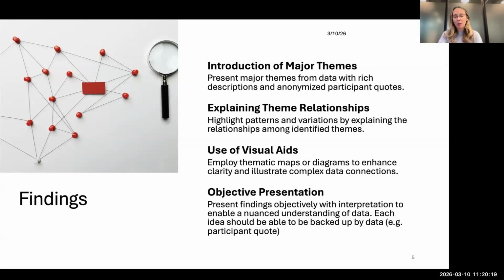This is often done with quotes, and I'll show some examples of that in a moment. But oftentimes it's done with anonymized participant quotes. Sometimes you'll see people put in brackets participant one. I tend not to do that. And the reason why is that participant one may have happened to say things in a really nice way.